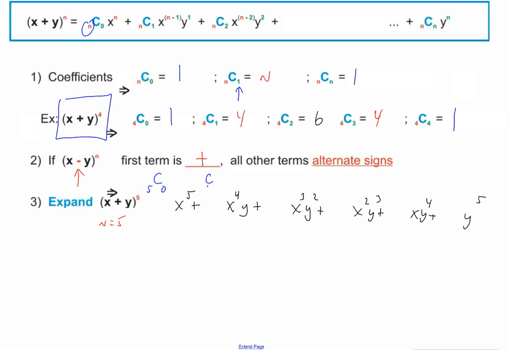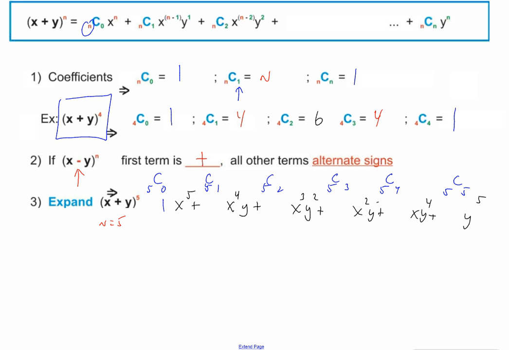So the next one is 5 1, 5 2, 5 3, 5 4, and 5 5. So the N stays, the 5, and the right number goes up: 0, 1, 2, 3, 4, 5.